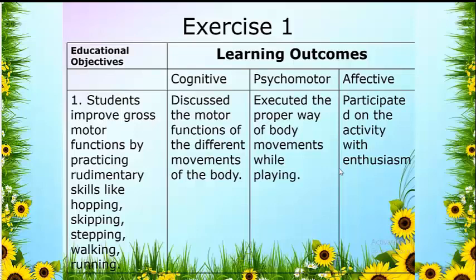So the learning outcomes here under the cognitive domain: discussed the motor functions of the different movements of the body. Under the psychomotor: executed the proper way of body movements while playing. And the third is participated in the activities with enthusiasm. Those are all for the shift of educational focus from content to learning outcome.